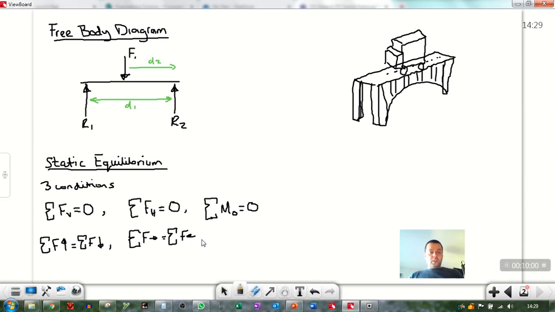That's the horizontals. And then for the moments, the sum of all the clockwise moments must equal the sum of all the anti-clockwise moments. So that's just another way of saying the same thing. These are the three conditions for static equilibrium, right?